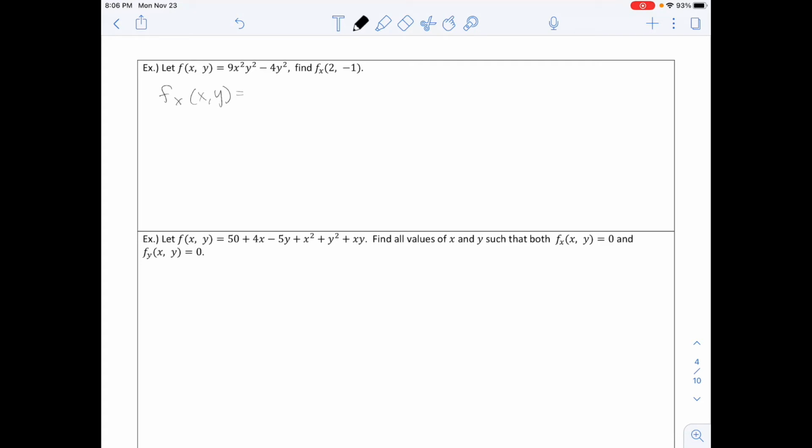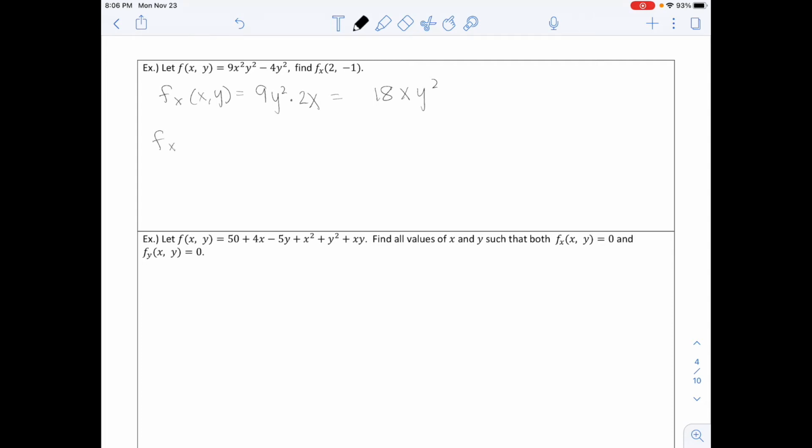So taking the derivative of our first term, the constant part of it is going to be 9y squared times 2x when I take the derivative of x. And then the second term that we have is minus 4y squared, which has no x's in it. So this simplifies to 18xy squared.